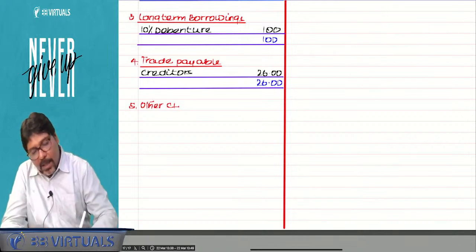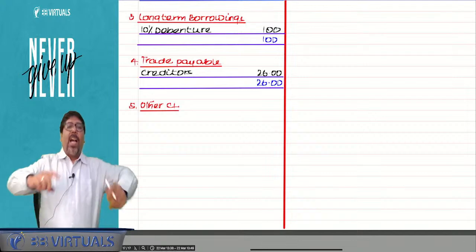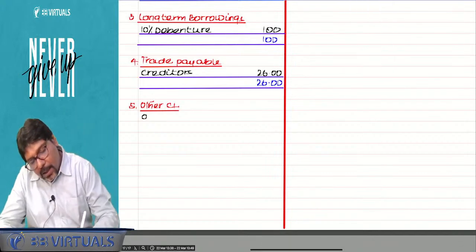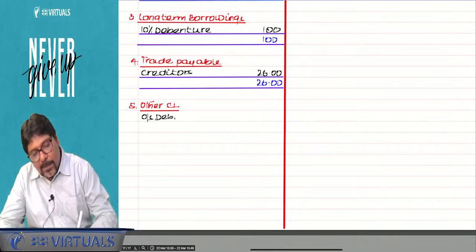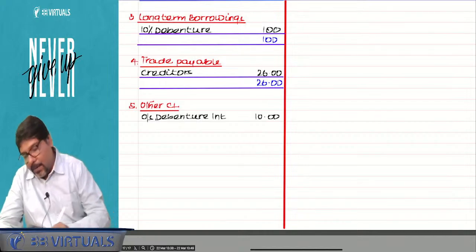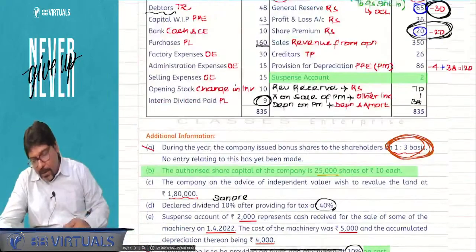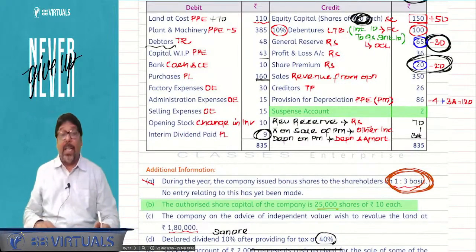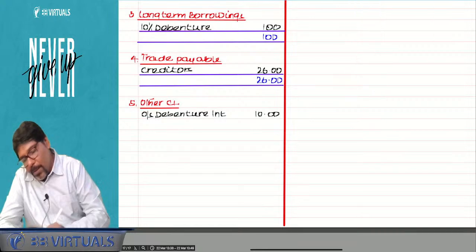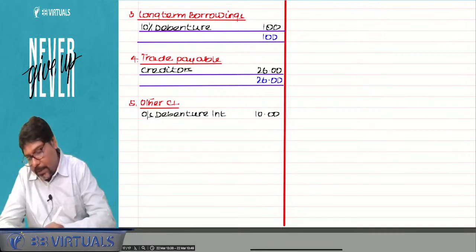Outstanding debenture interest. How much? 10 rupees. We had written the journal entry also. Interest to outstanding interest. Yes or no? Yes, sir. Now, my wonderful chartered accountants.